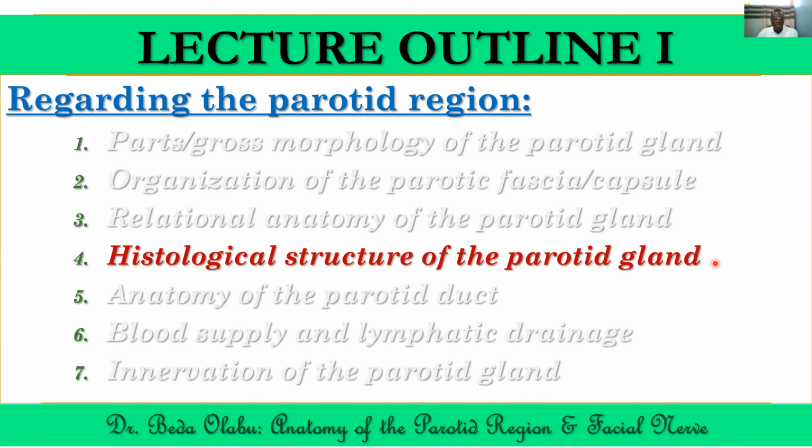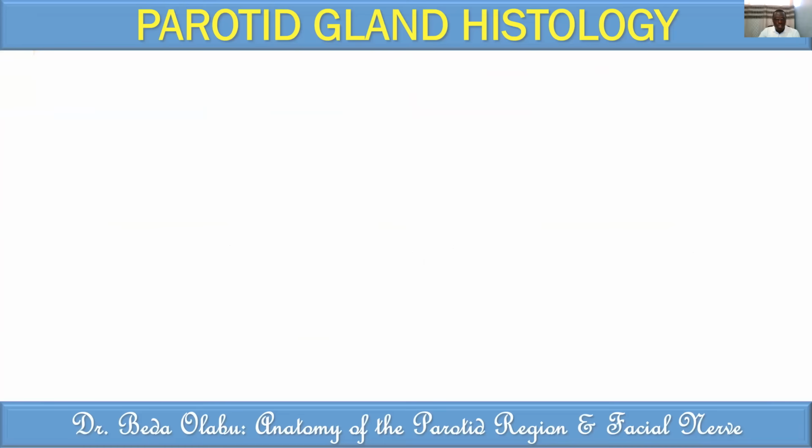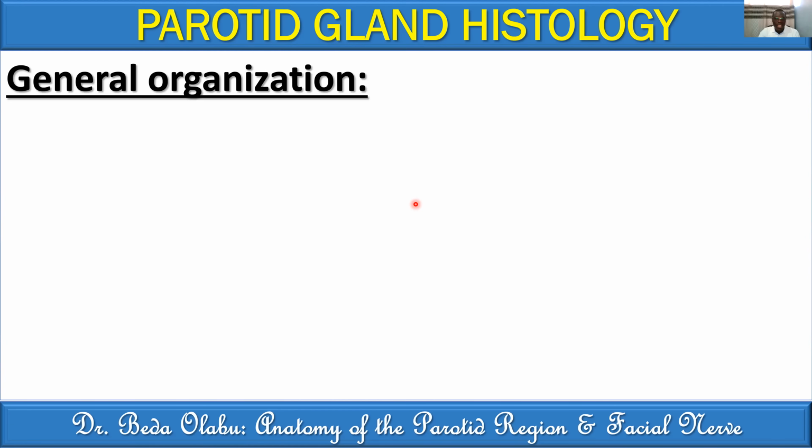We can now talk about the histological structure of the parotid gland. So this will focus largely on the light microscopic features of the parotid gland. Let's begin by talking about some general organization.